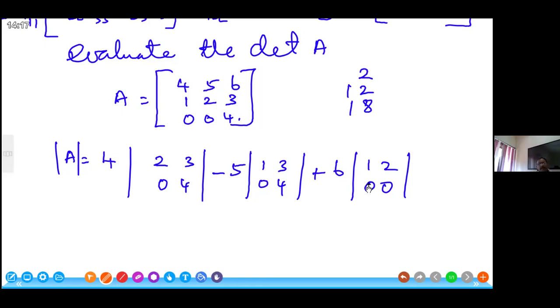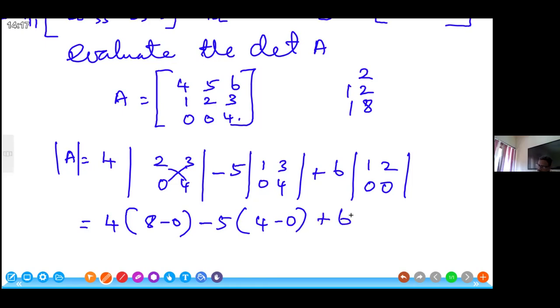That is equal to 4 into cross multiplied, so 8 minus 0, minus 5 into 4 minus 0, plus 6 into 0 minus 0.